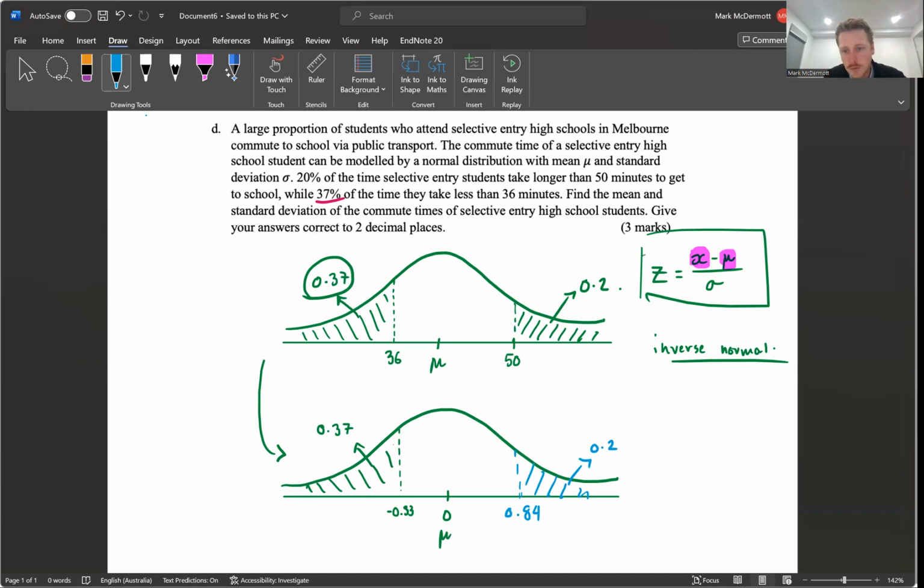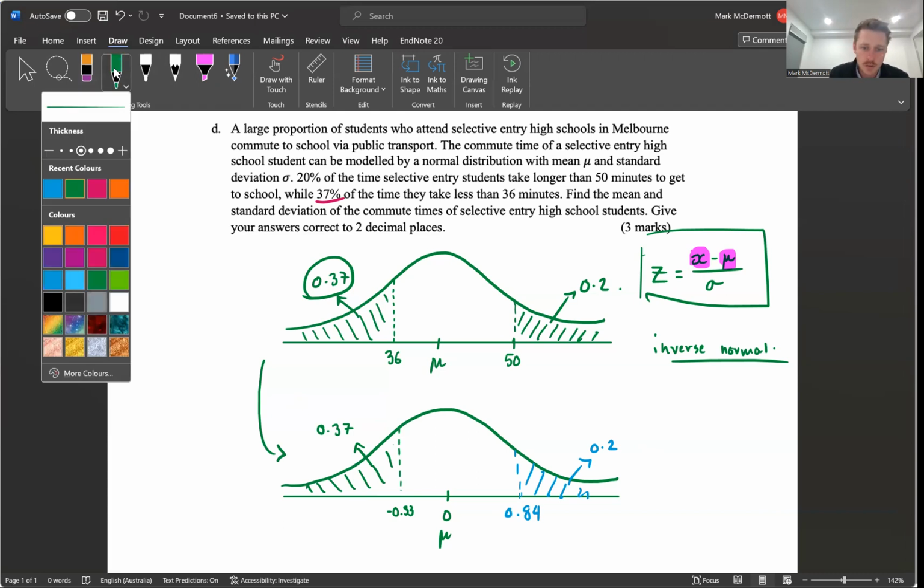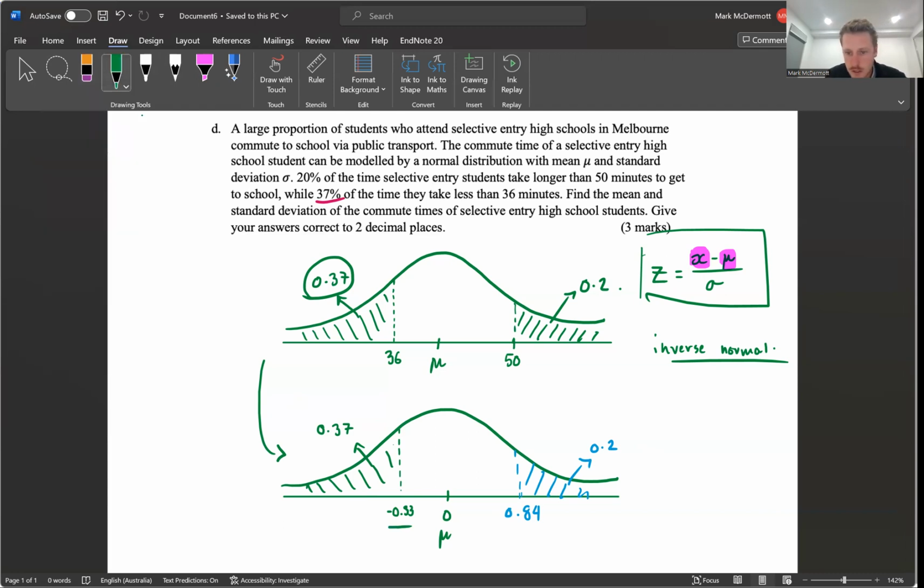So what we're going to do is put this information in. We've got 2 bits of information. Let's do the first one. Our z-score turned out to be negative 0.33, and I'll try and use the exact answer our calculator gave me, so I'll just put dots to show that I'm not using the rounded answer. That is equal to our actual value, which is 36, minus our mean.